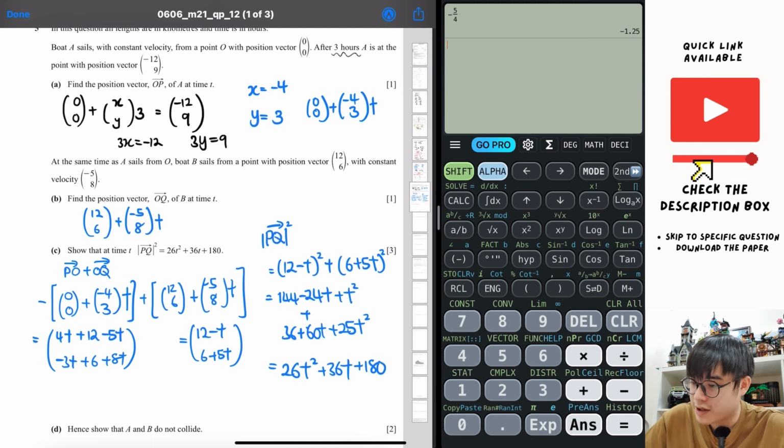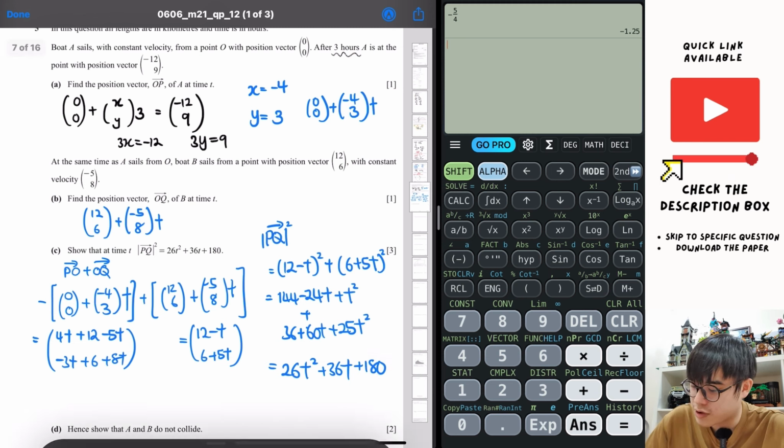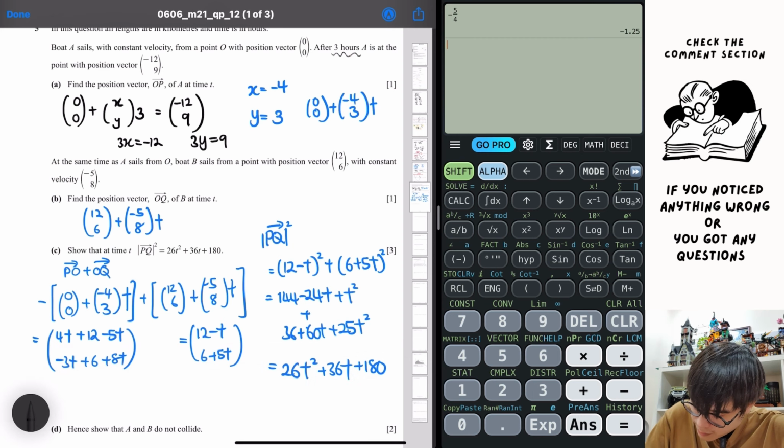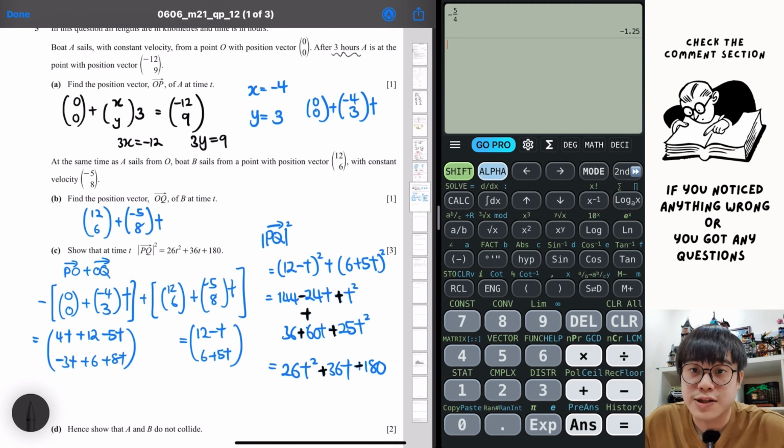So that's how you get it done for this particular question here. To avoid any confusion, I will rewrite the symbols here. So make sure you don't confuse yourself with the t and the plus there. That's how you get to these answers here.